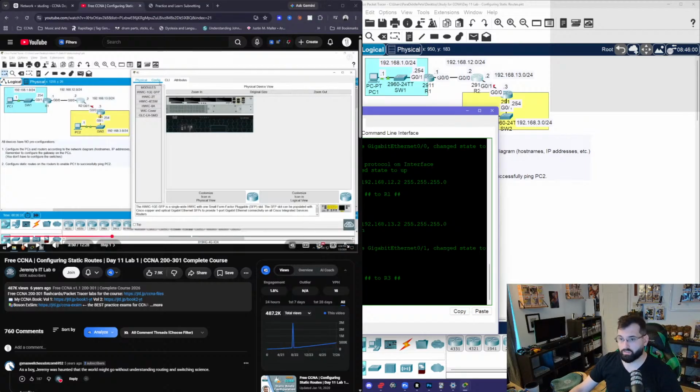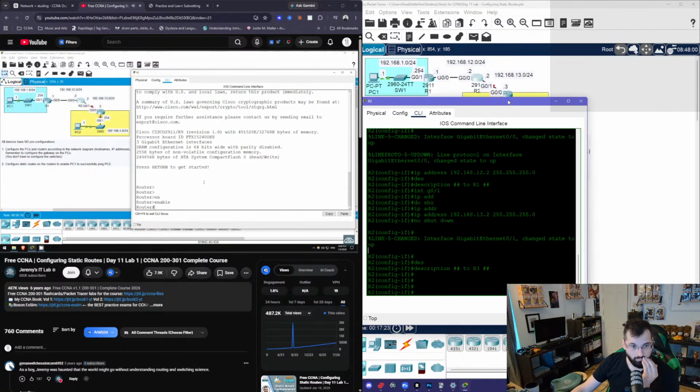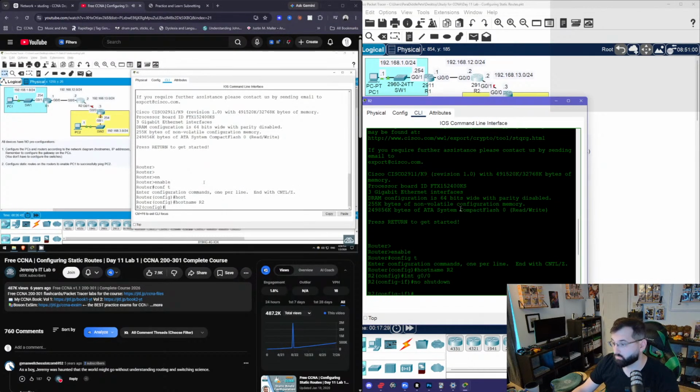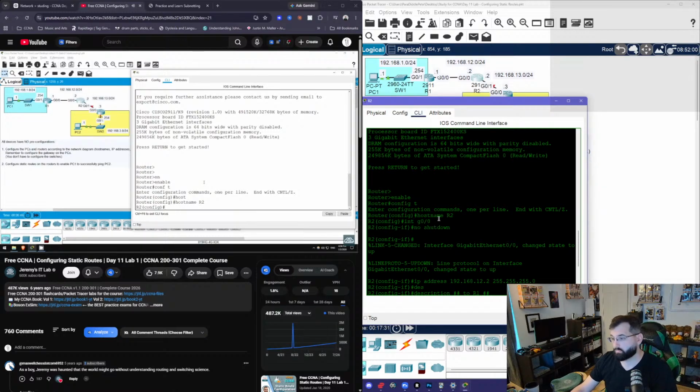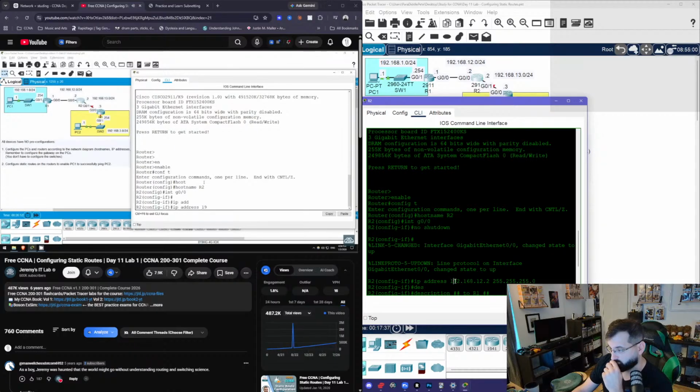Okay, let's see if we did it all. Enter privileged exec mode with enable, then configure terminal. Set the hostname R2. Next, I'll configure G0/0, which is connected to R1. Interface G0/0. Set the IP address 192.168.12.2, 255.255.255.0.